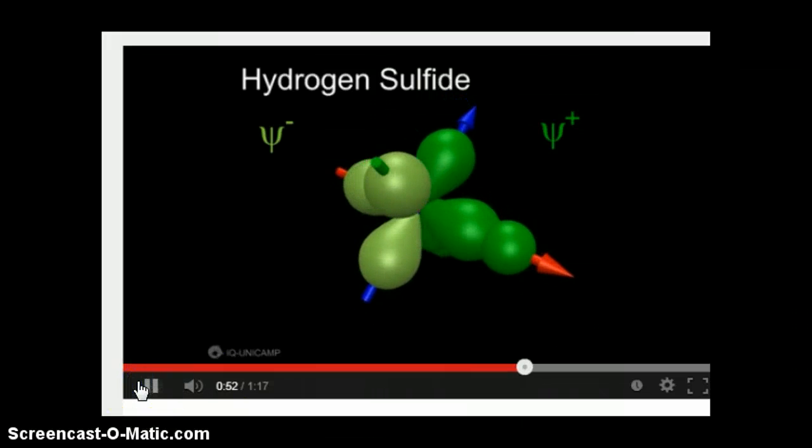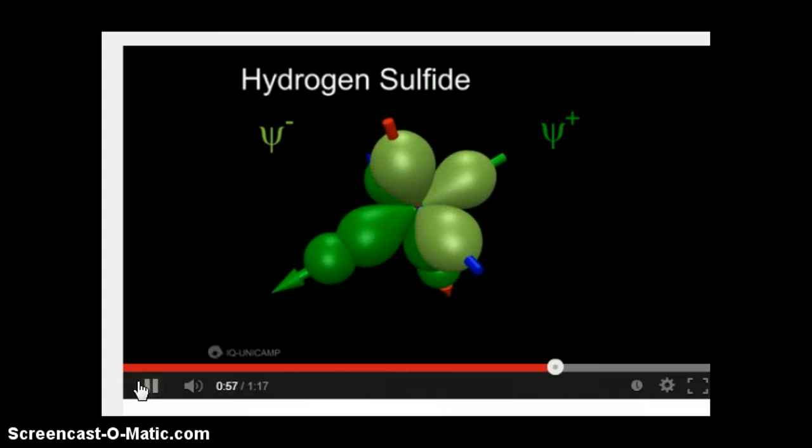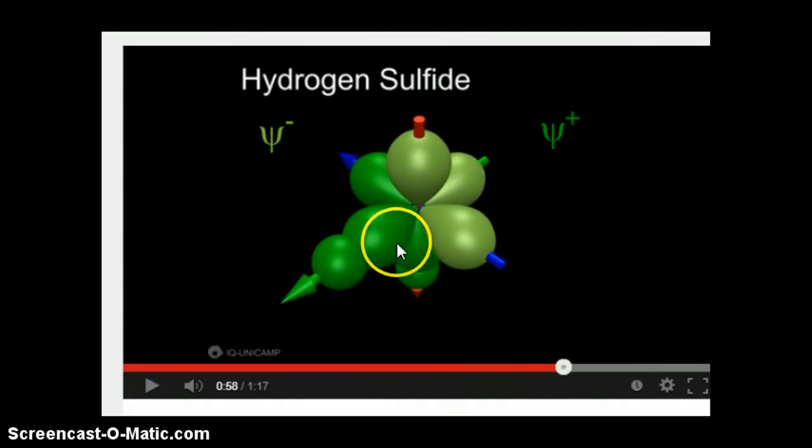Okay? Now let's see if we get a perspective where we can see this a little bit more clearly. But hopefully you can see as this molecule is being rotated that here's one bond, and here's the other bond. One is on the green axis, and the other one is on the red axis. Now one of the things you can tell right away, if you remember back from the discussion about quantum mechanics and p orbitals, is that p orbitals are perpendicular to each other.